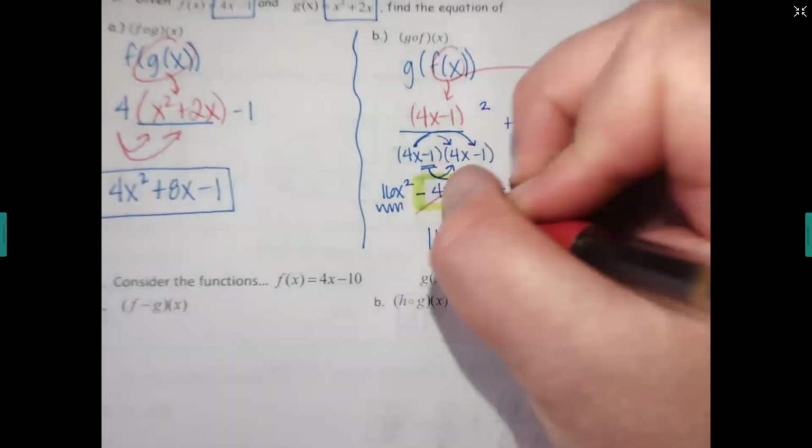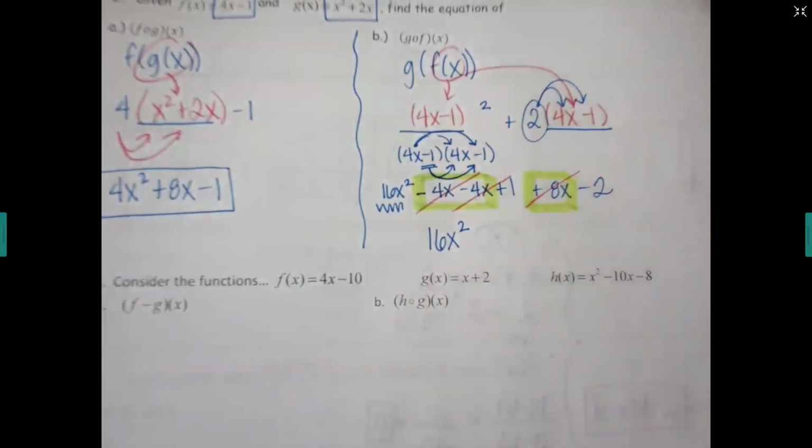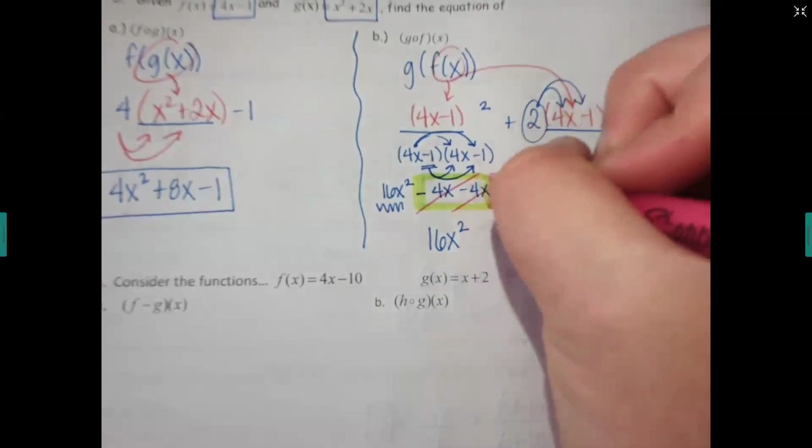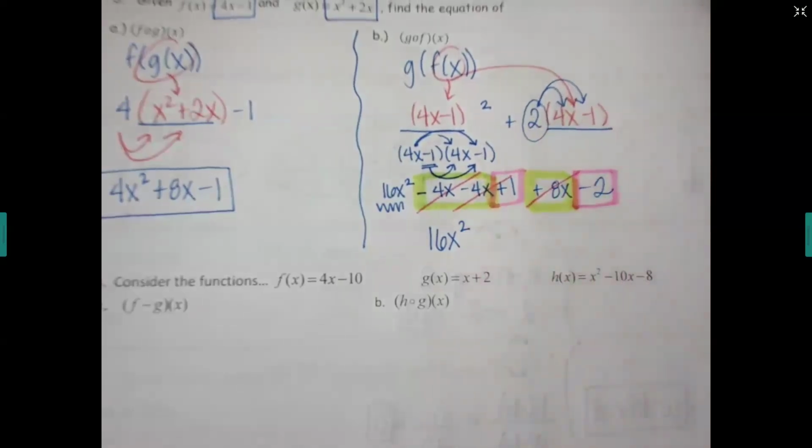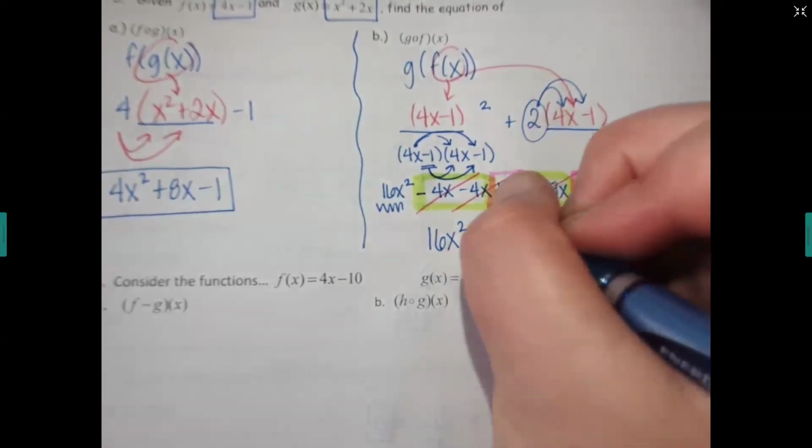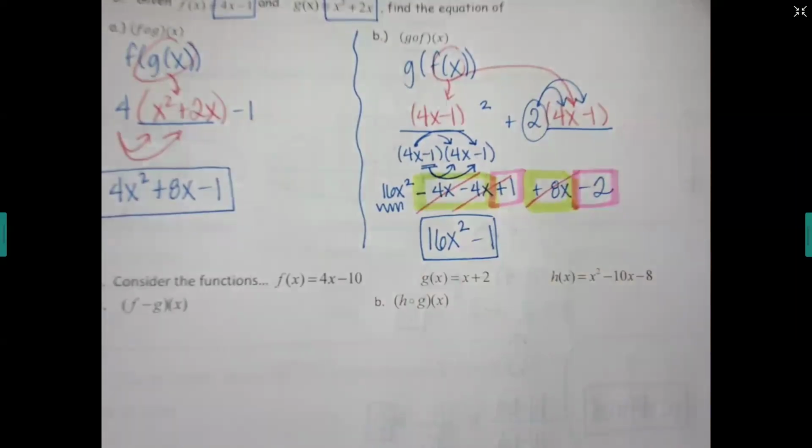So these two cross out with this one and no x's are left. Then for my numbers, I have a plus 1 and a minus 2. What's that? Negative 1. But remember, you want to multiply and square, and combine like terms as your last step. All right, so that should help you with 2 and 4. Go ahead and turn the page.